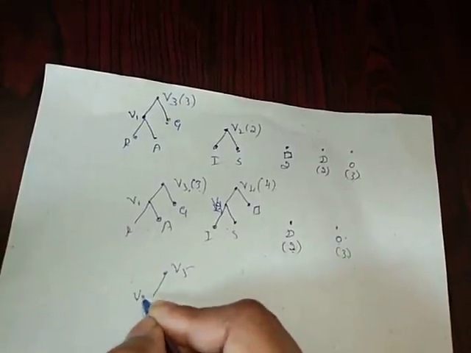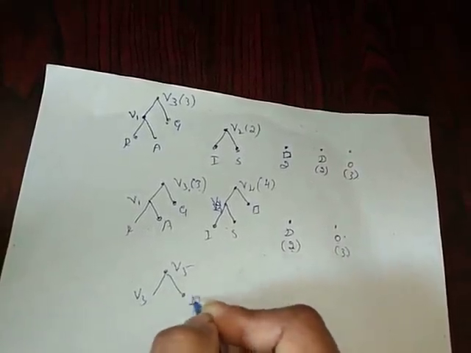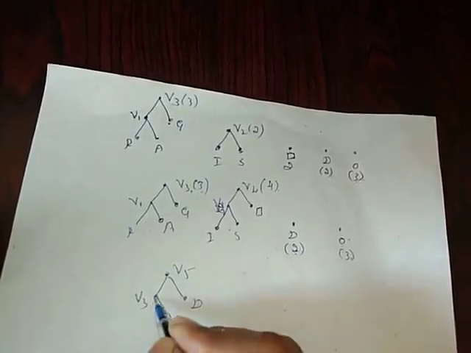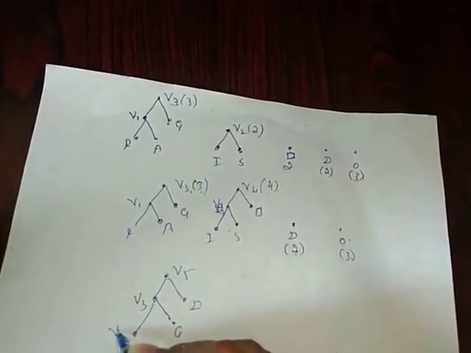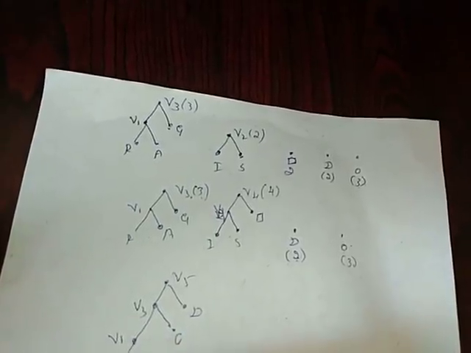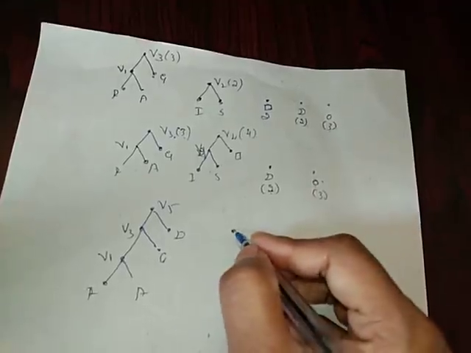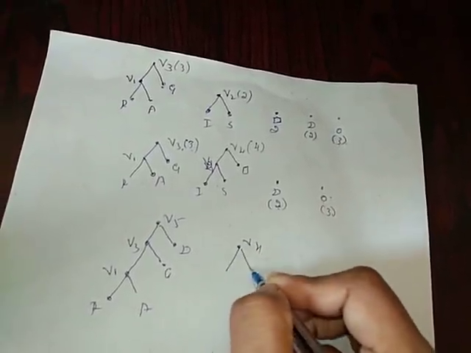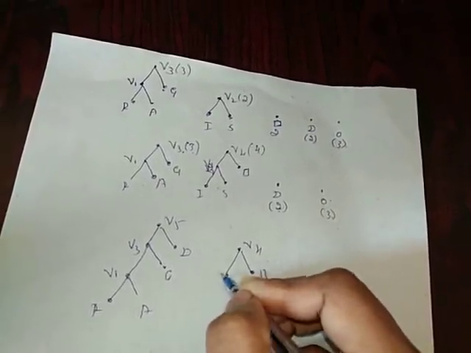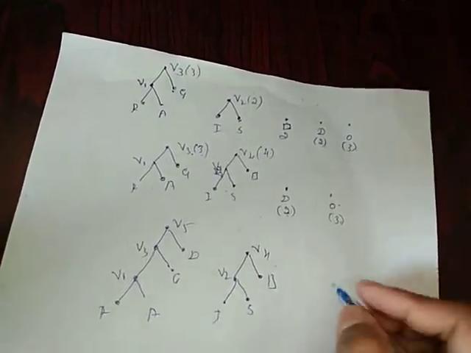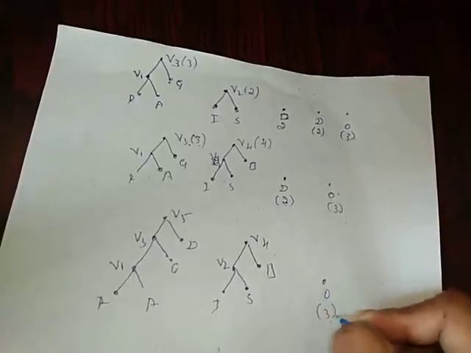For the V5, V3 and D are children, and keep the remaining ones as it is. V4, blank space, V2, I and S, and O is as it is.